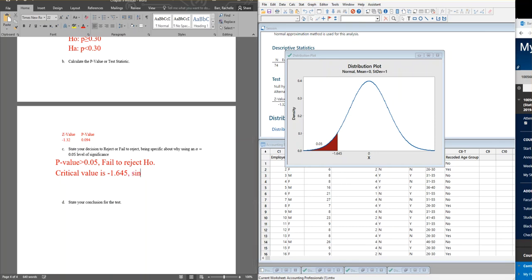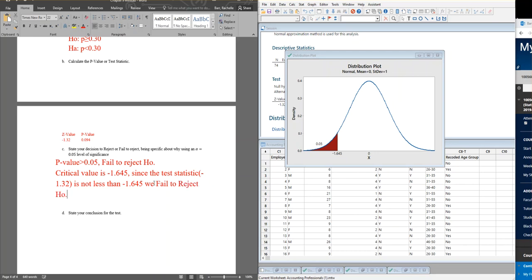So since the test stat is not less than negative 1.645, just in case it's unclear, I'm going to write in parentheses what the test statistic is right here for people who are still not sure that it's just a Z value or a T value. It's whatever you get from here. Is not less than negative 1.645. We fail to reject H0.